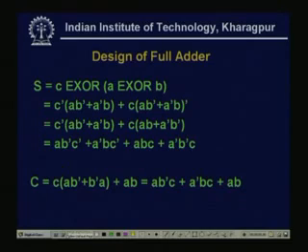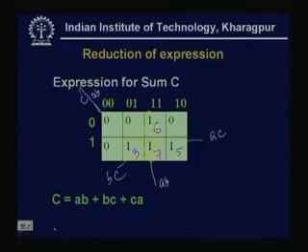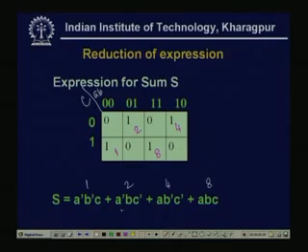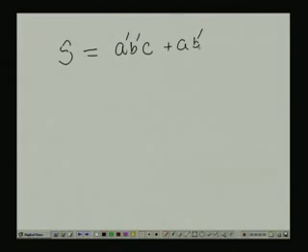My sum was A dash B dash C, A dash B C dash, A B dash C dash plus A B C. So, if we take that sum expression, A dash B dash C, A B dash C dash, A dash B C dash plus A B C.